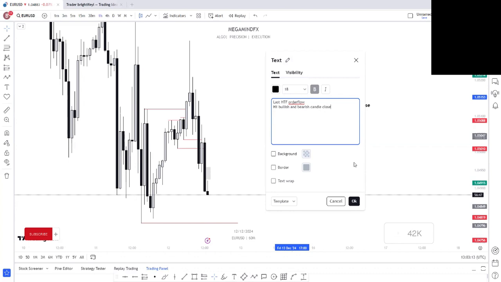So: H1 bullish and bearish candle close, and the last higher time frame order flow. Then, if I can find this, for my entries I have the double inducement.